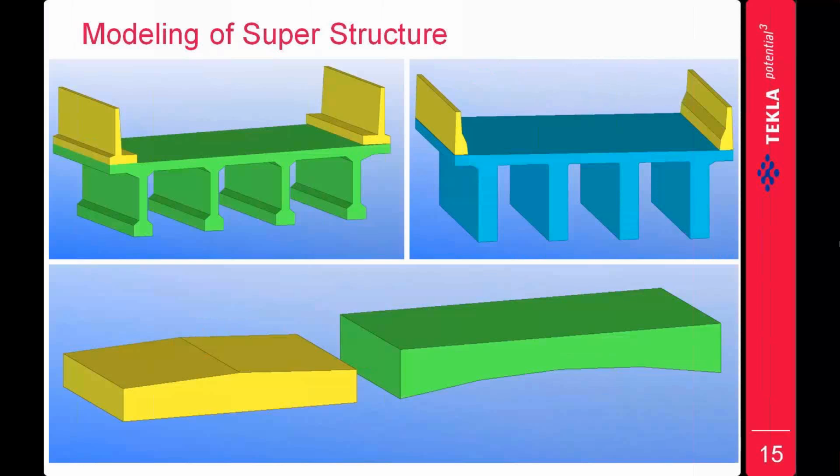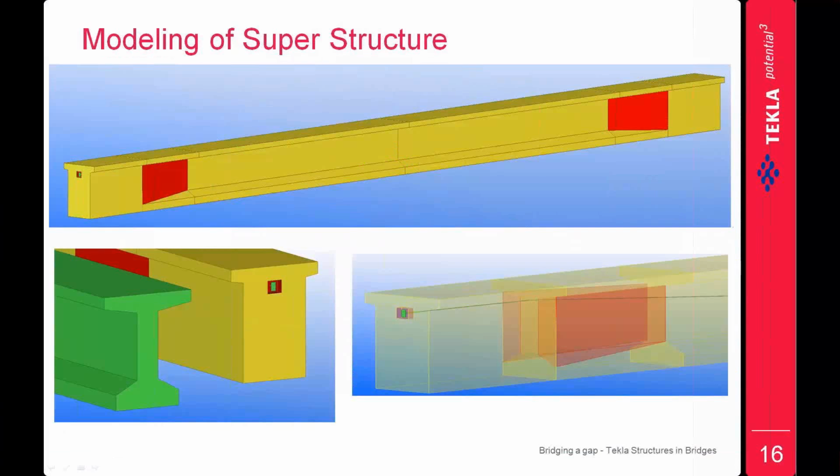And then coming to the deck type, different types of decks we can model here, from simple to T-beam deck slab bridges, even including the parapets. And to maintain the proper slope, we have options to give the depths at different levels, and even with the curved part, that is also possible.